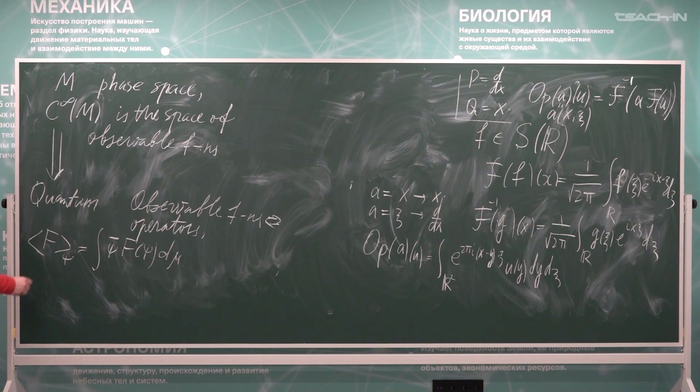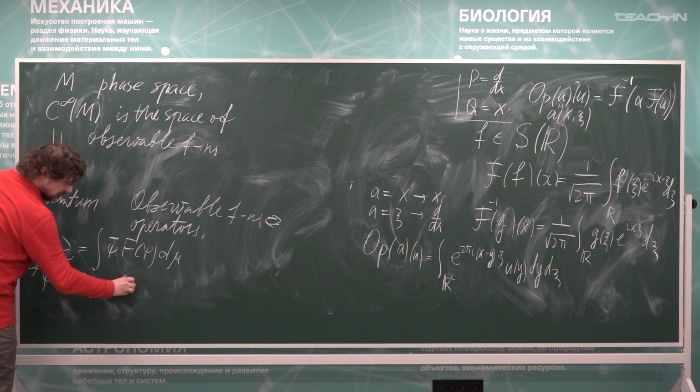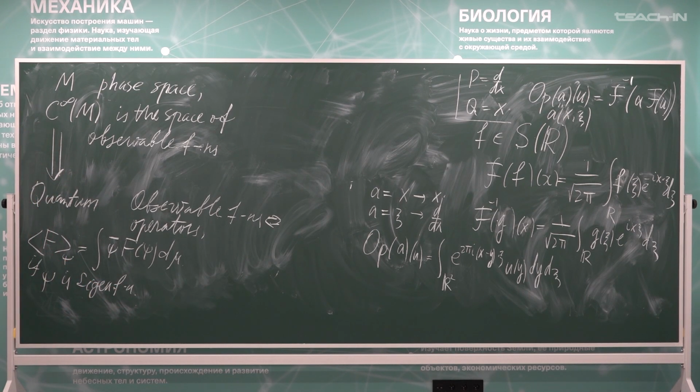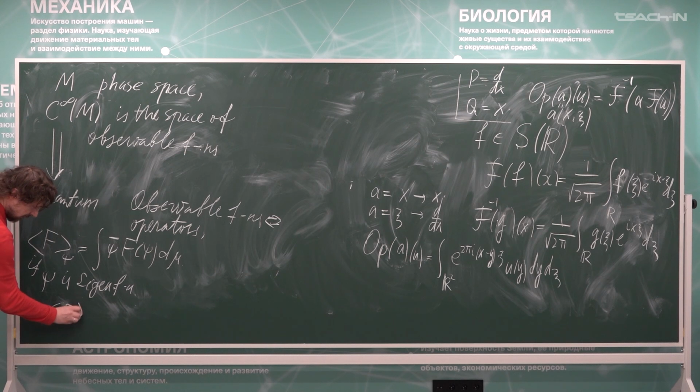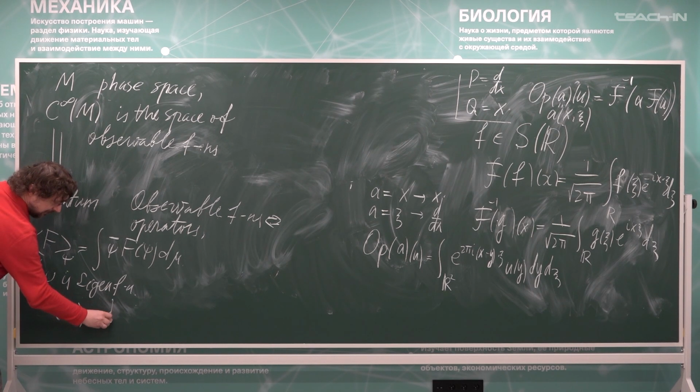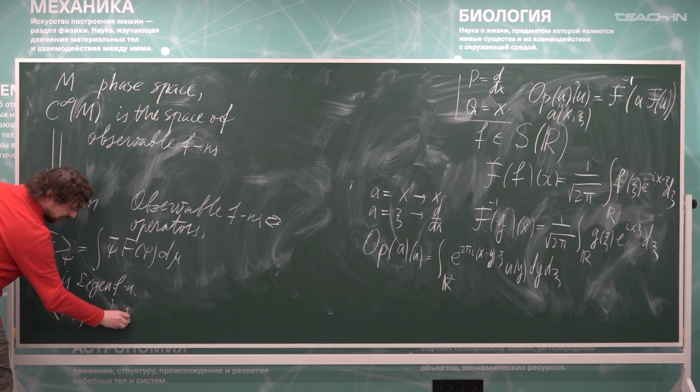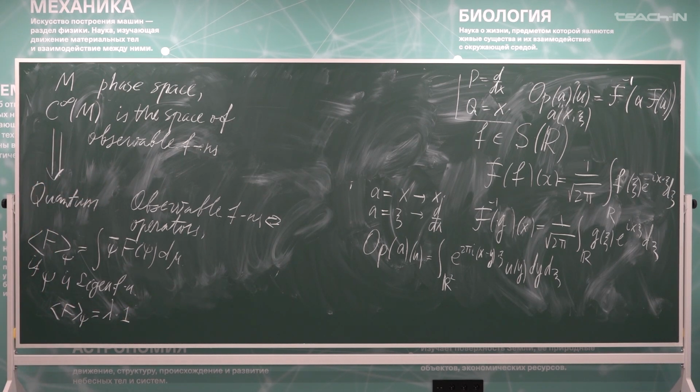So if psi is an eigenfunction, then what we have here will look like lambda times 1, because I explained that every wave function of a particle should have norm equal to 1.